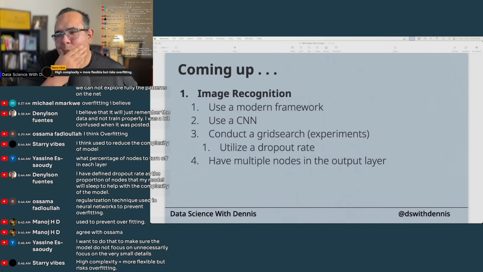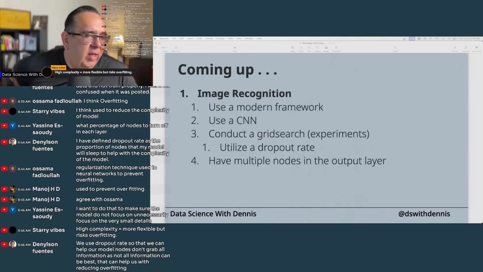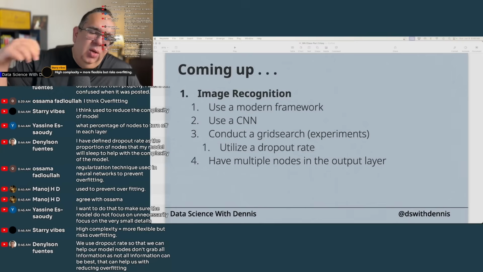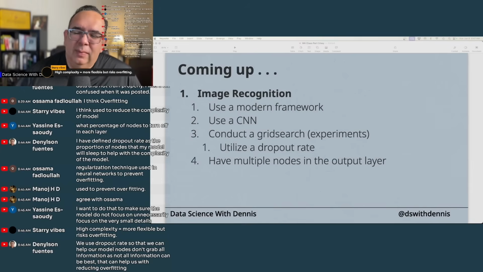I'm not sure if I associate complexity with overfitting though, Starry Vibes. Complexity is going to affect your speed, the size, like the physical size of the neural networks, but overfitting, I don't know about that, Starry Vibes.